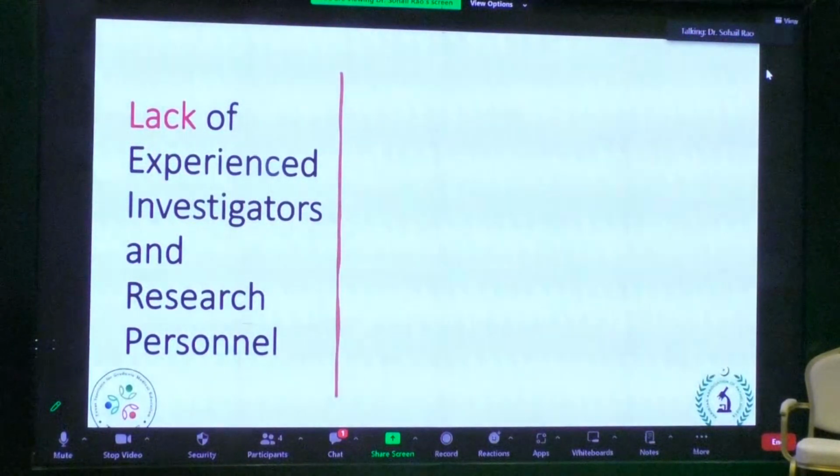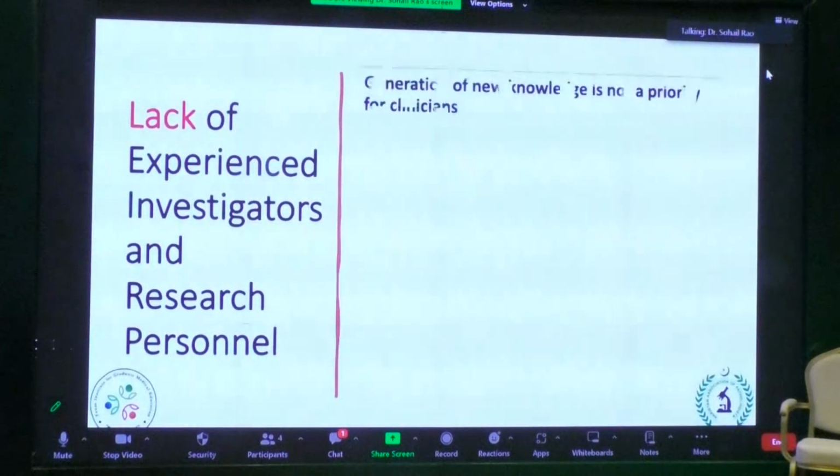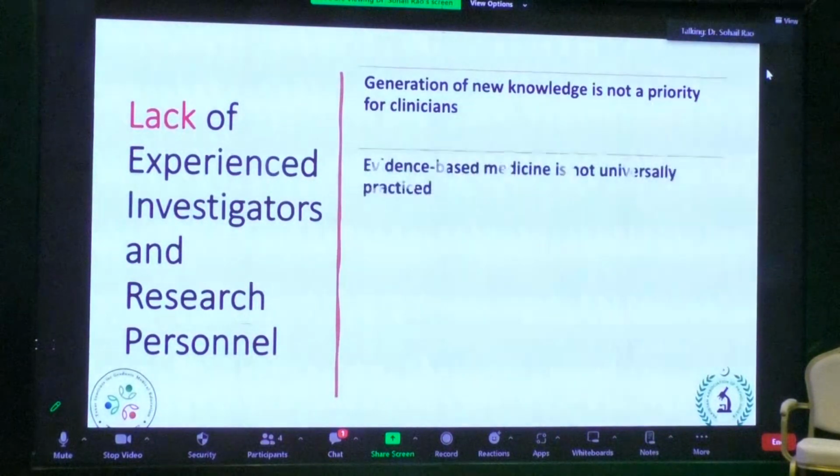The next one is lack of experienced investigators and research personnel. And this is important because generation of new knowledge is not a top priority for many clinicians in Pakistan. And this is where the differentiation happens between those who have documented evidence of conducting research versus those who are pure clinicians. Evidence-based medicine is not universally practiced.